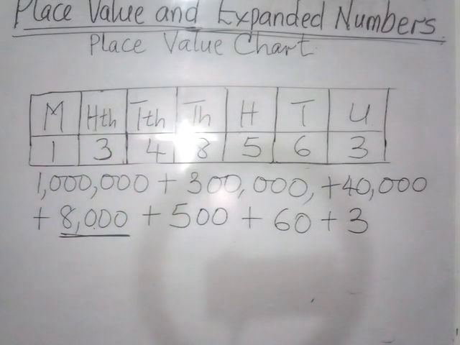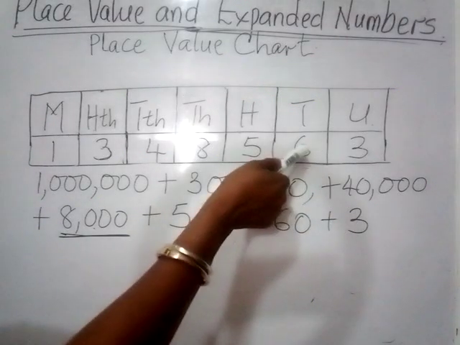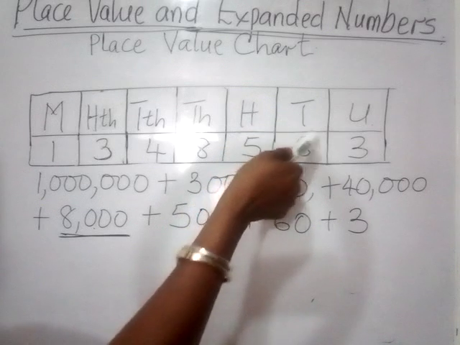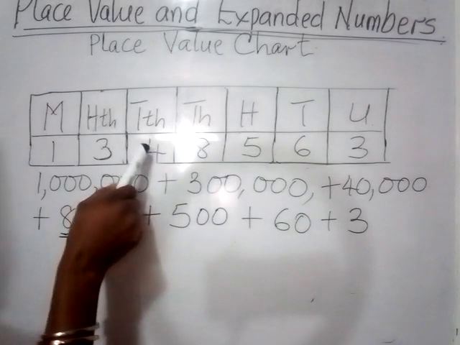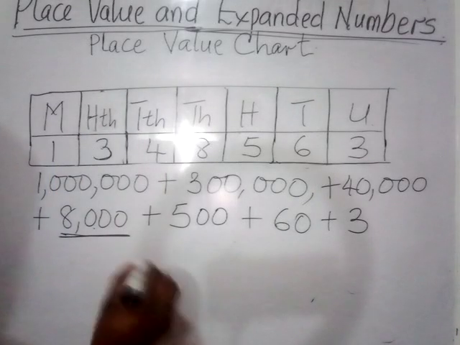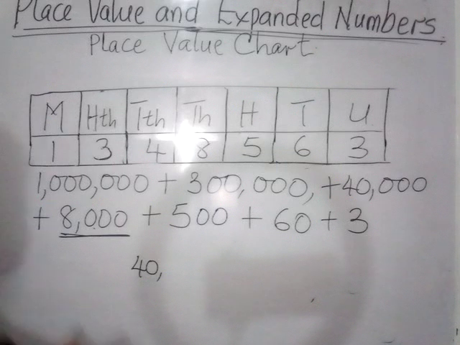Now what is 4 tens? We know that any number in the position of tens always has a 0 attached to it. For instance, the 6 here in the position of tens is 60, 6 and 0, because it's in the position of tens. So this 4 in the position of tens of thousands, first we have its 0 attached to it to make it a number in the tens position.